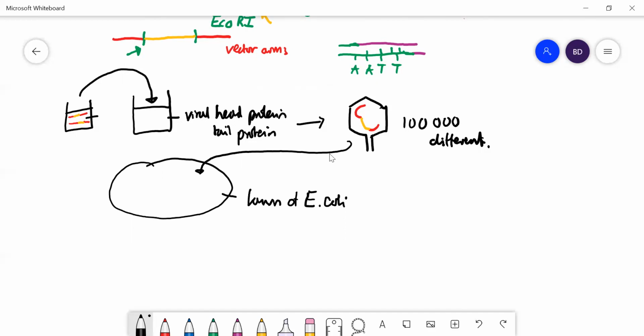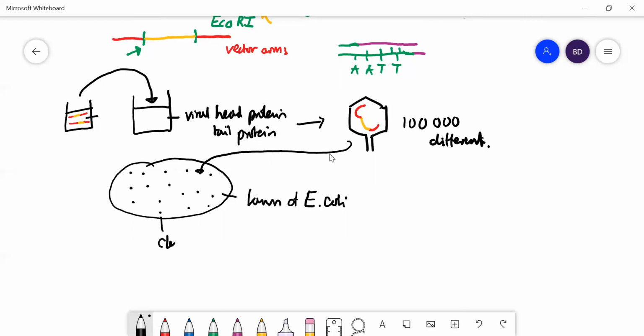And each one of those, when they go there, is going to cause an infection of an E. coli cell. They're going to burst that. You're going to get 200 progeny. Those progeny are going to infect the ones around it, and so on and so on. You leave it for a few hours, and you end up with lots of tiny little clear areas there.